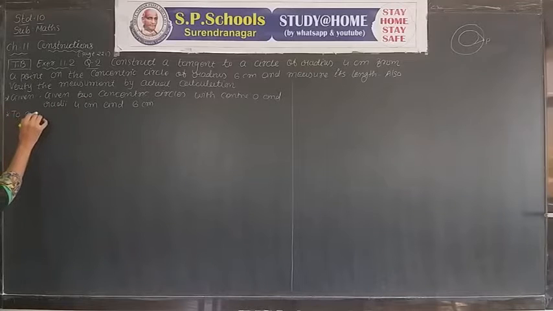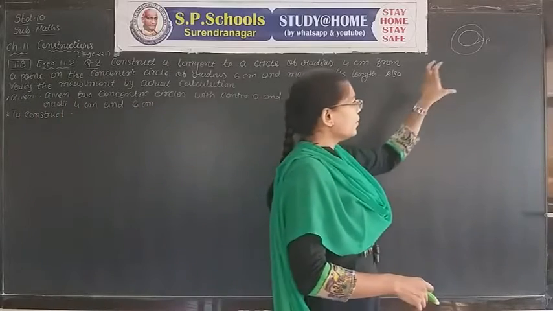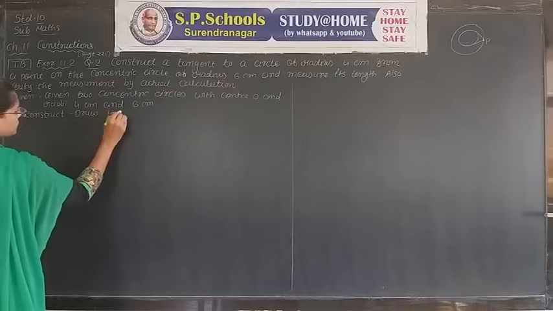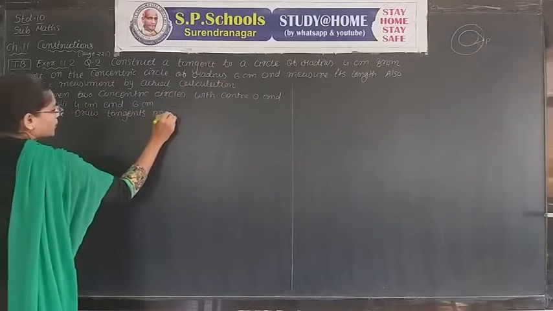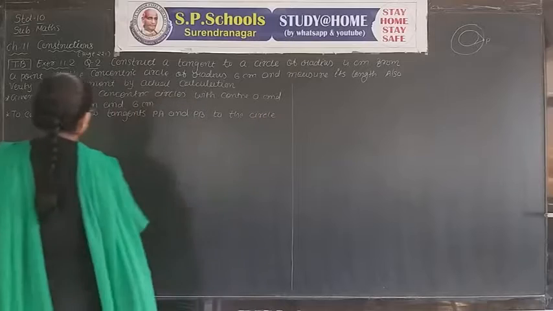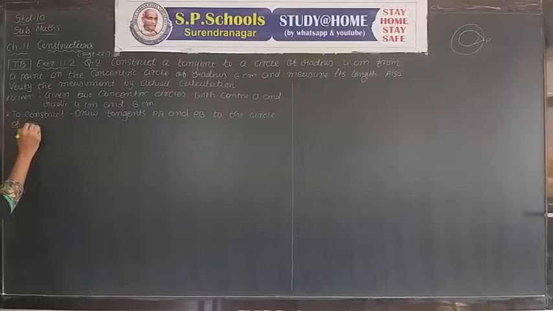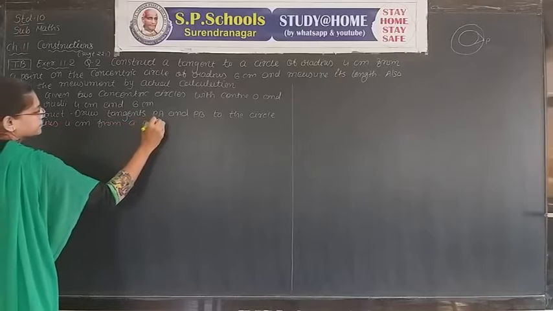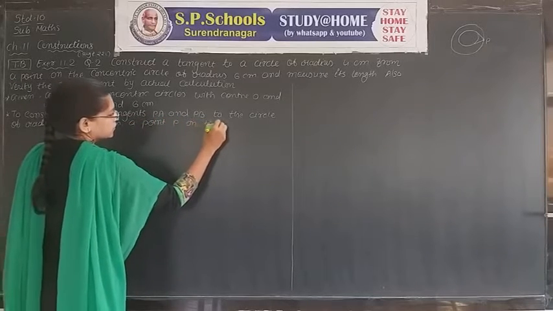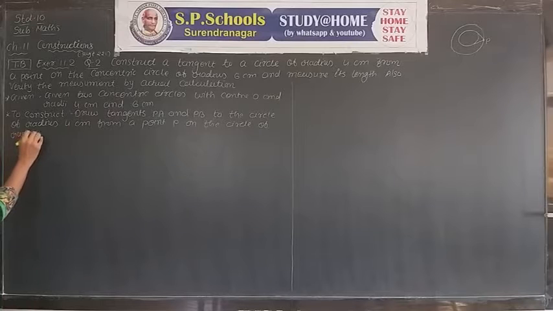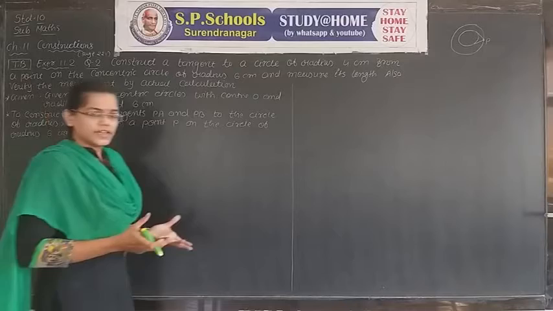To construct: tangents PA and PB to the circle of radius 4 cm from a point P on the circle of radius 6 cm. This is our given and to construct.